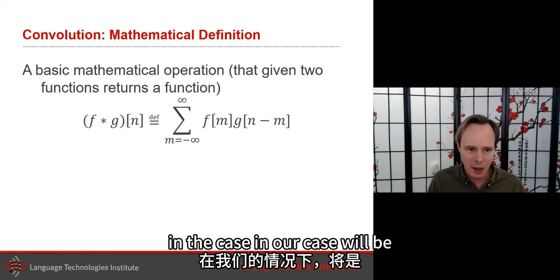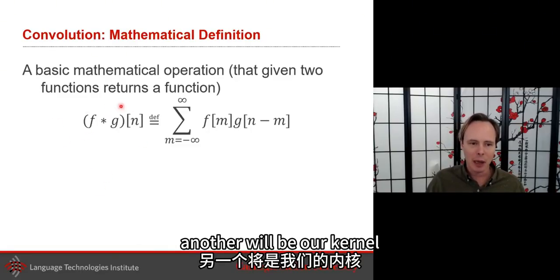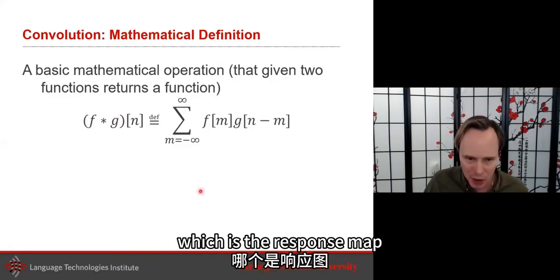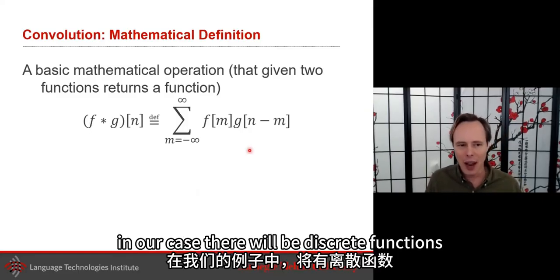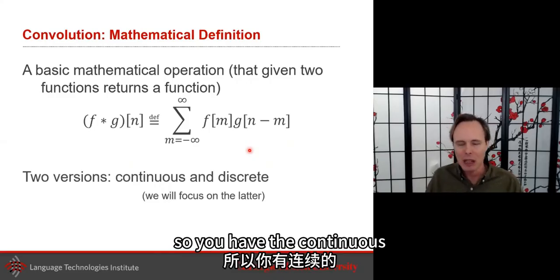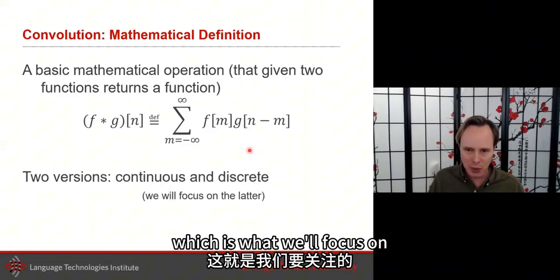In our case, one function will be the image, another will be our kernel, and then it returns this other function, which is the response map. This is the high level. There is the continuous version, and in our case we'll look at the discrete version, which is what we're focused on.